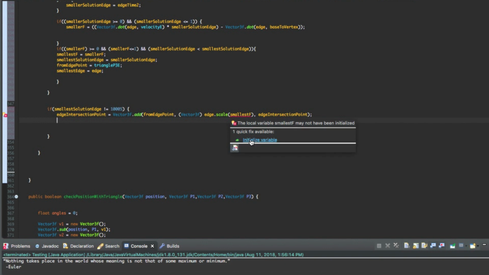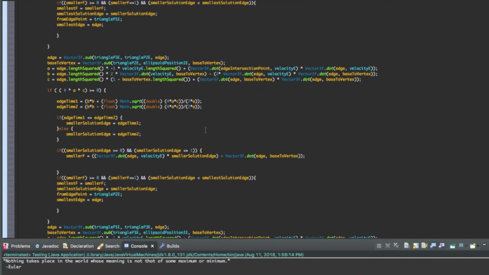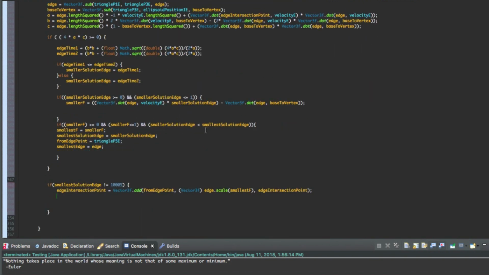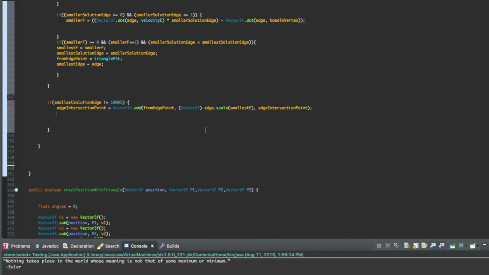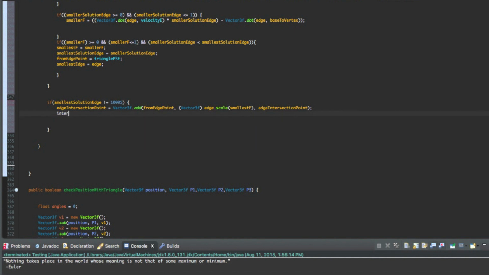So we'll also initialize smallest f, but that won't matter anyhow because smallest f will have been modified if we have passed through this smallest solution edge is not equal to 10,005. So the intersection distance is equal to the smallest solution edge multiplied by the velocity length.